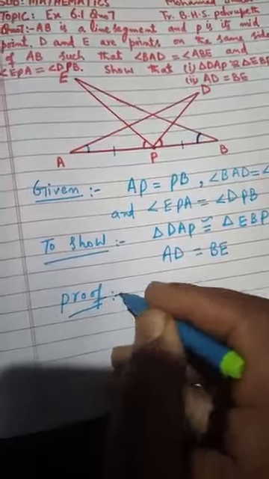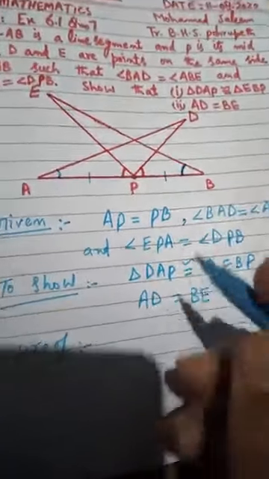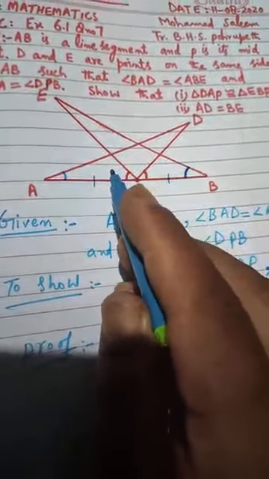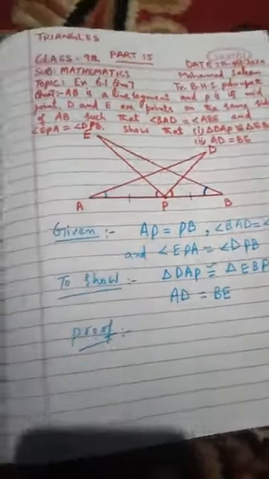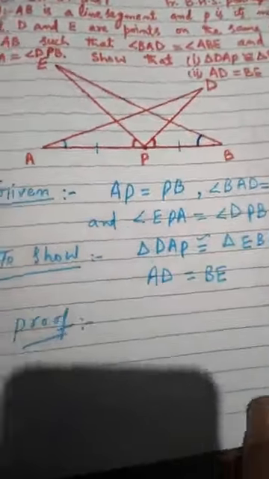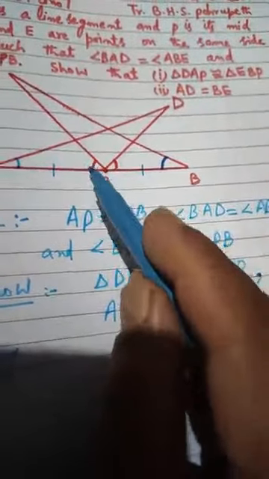Proof. Okay, let's see what is common between these two triangles. But before that, we must take two angles.